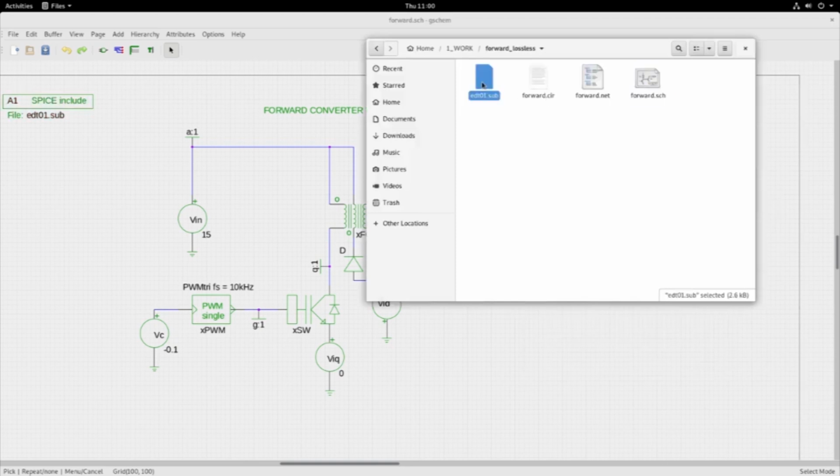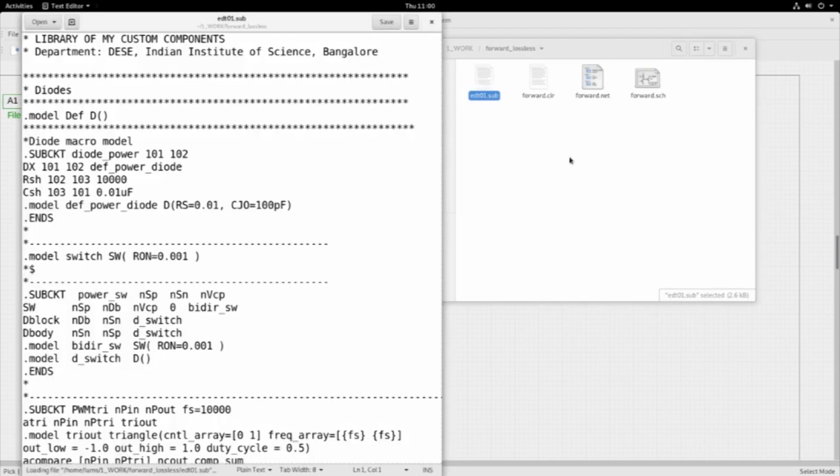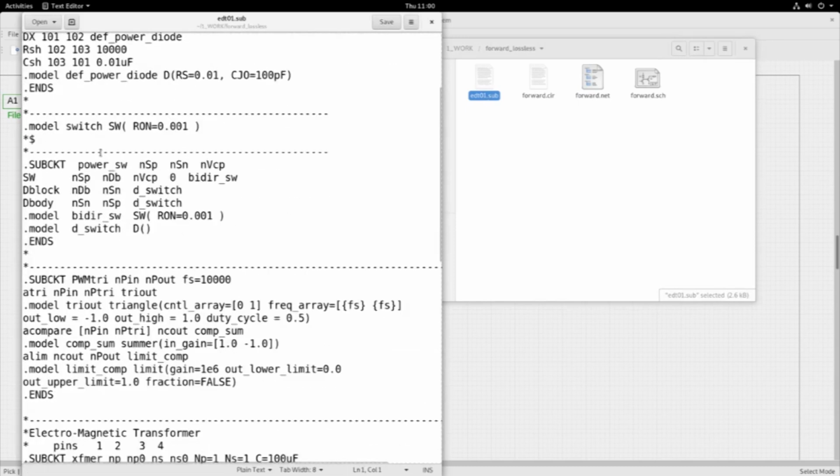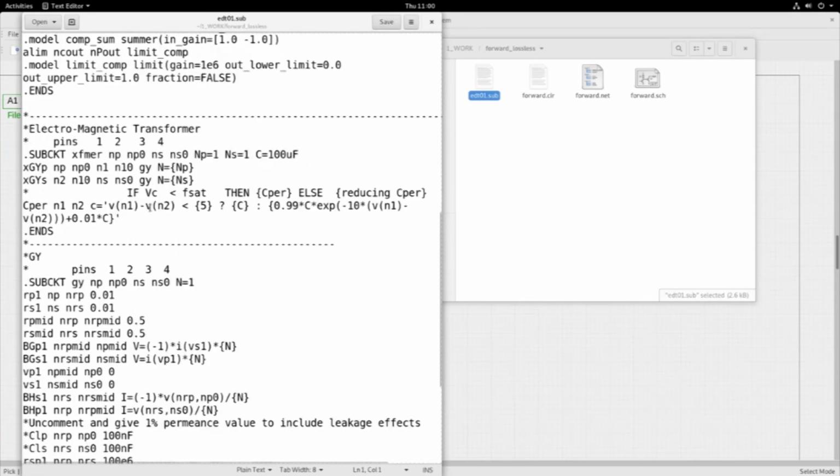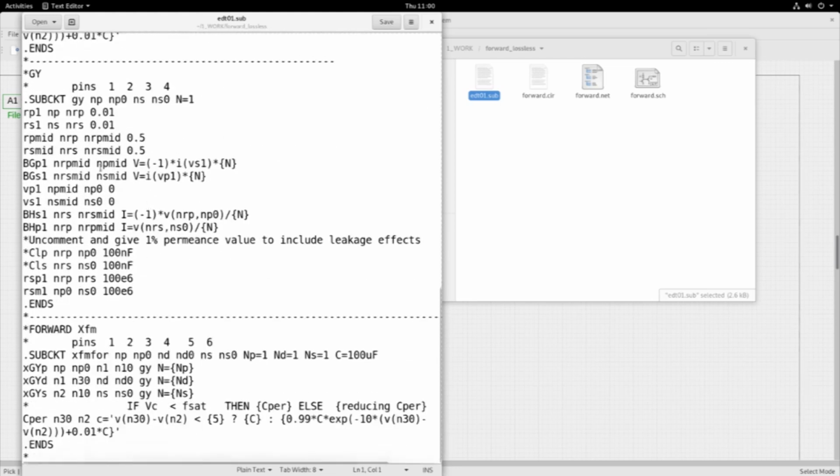So when I double click on this sub-circuit file, you see that there is a list of sub-circuits. We scroll down, and below the gyrator model, I have here the forward converter transformer XFM4, and the default parameters which are kept here are NP is 1, ND 1, NS 1, but we have given different values of the primary and the secondary turns, and the demagnetizing turns.